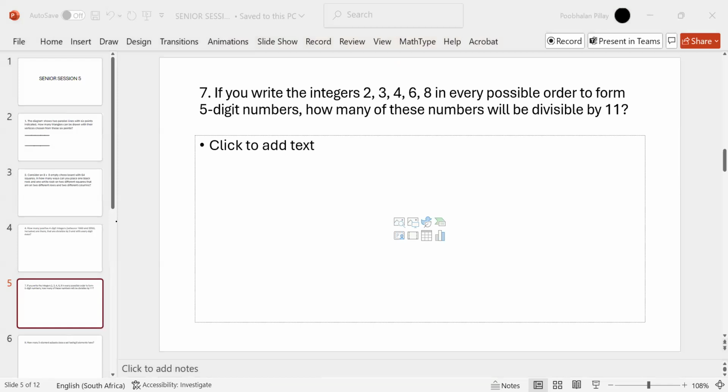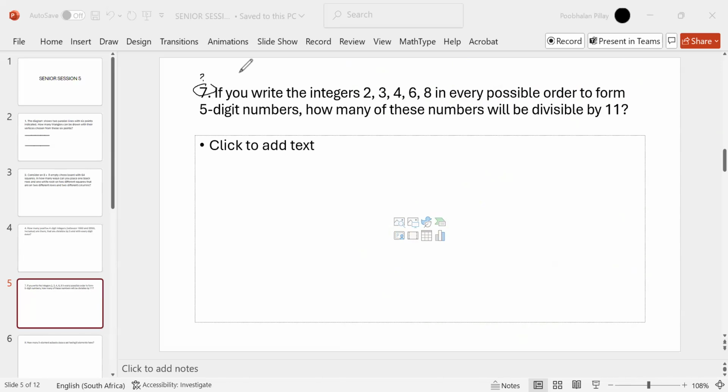Now, here it says if you write the integers 2, 3, 4, 6, 8 in every possible order to form 5-digit numbers, how many of these numbers will be divisible by 11? Before we go on, you might wonder why this is given as number 7 when it's question 4.